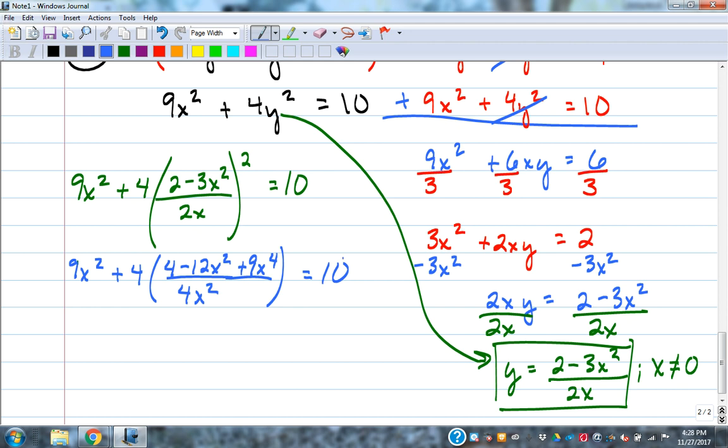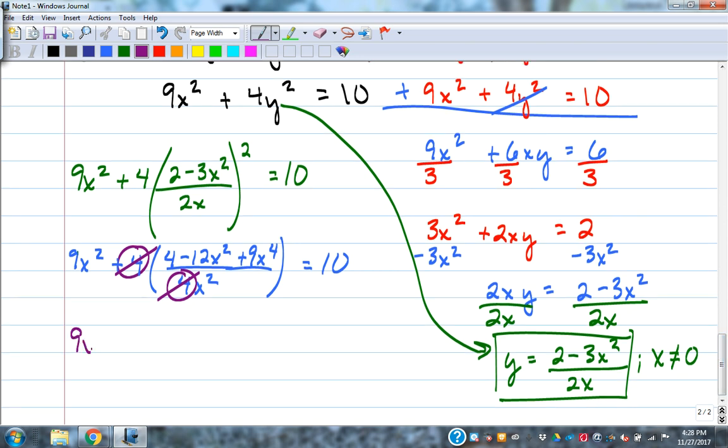And then I need to distribute the 4, but I can kind of save myself a little work here. This 4 and this 4 would cancel each other out, so I don't have to distribute those. So that helps a little bit. 9x squared plus 4 minus 12x squared.